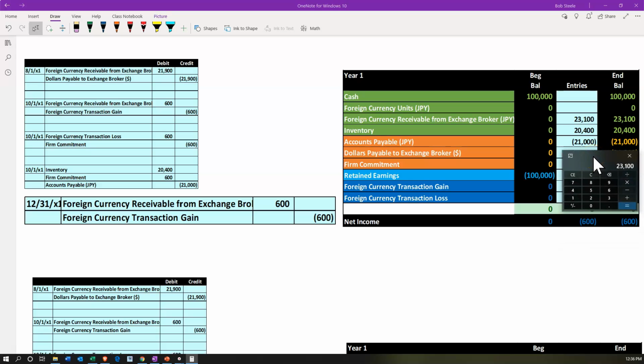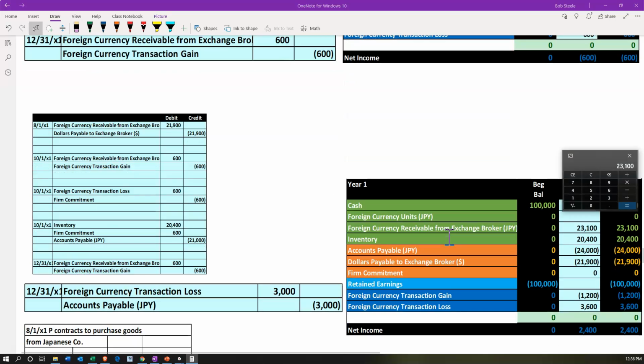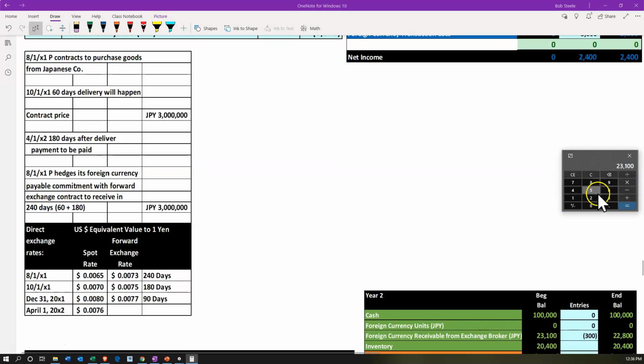It's now December, and so we're going to pick up the current rate at this point in time. So let's do that. I'm going to scroll down to do that this time. I'm going to say let's go down to here and pick it up. So we're going to pick up the 3 million times, this time using the spot rate because we're adjusting the accounts payable, which we're just going to adjust to the current exchange rate at this point in time, which is 0.008.